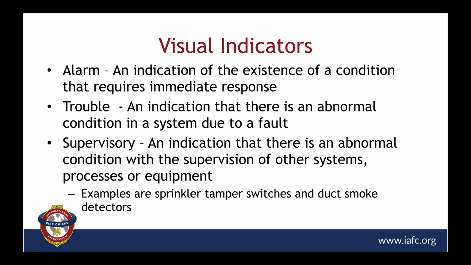We've detected the smoke, we've shut down the air handling unit, and now we need some attention. Although we don't necessarily need 2 engines, a truck, and a chief rolling in on these things. But I know most departments all respond on a supervisory to make sure that it's given attention and that the building owners and the maintenance staff get things corrected, and which allows you to be aware that if that system is shut off, you're going to have knowledge of it.